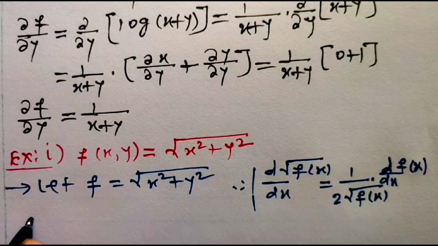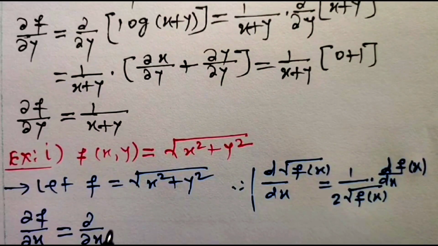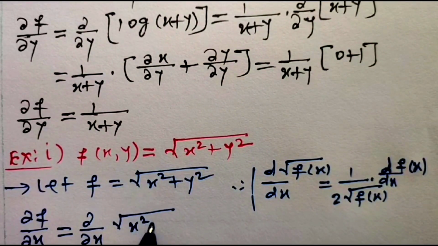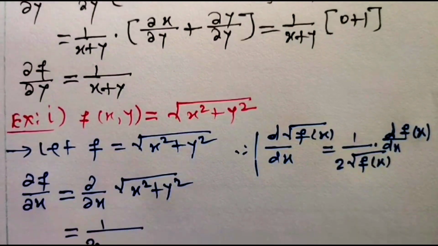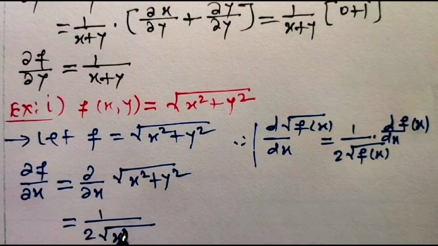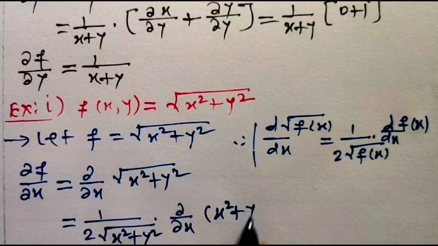Hence, the partial derivative of f with respect to x, considering y as constant, is the partial derivative with respect to x of square root of x square plus y square. And this is equal to 1 upon 2 into square root of x square plus y square into the partial derivative with respect to x of x square plus y square.